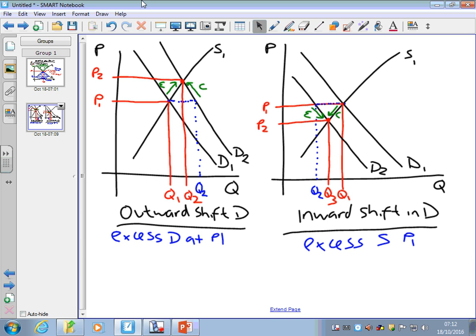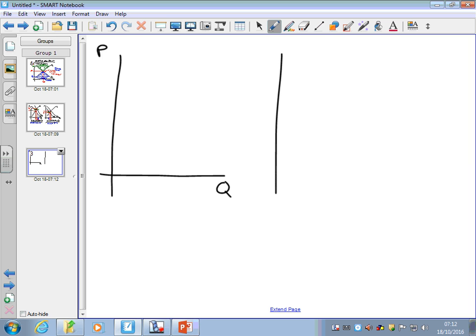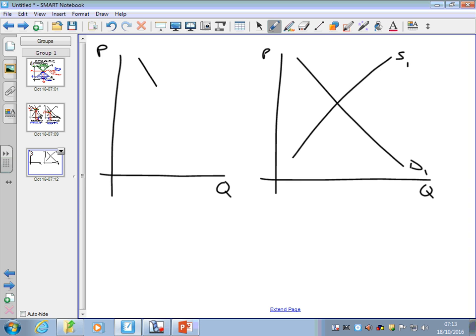Now if you can draw this in exams showing these excess demand and excess supplies, then it looks absolutely fantastic and will get you good bonus points. The main thing for me though is that you can draw this. So you have the original market equilibrium points.